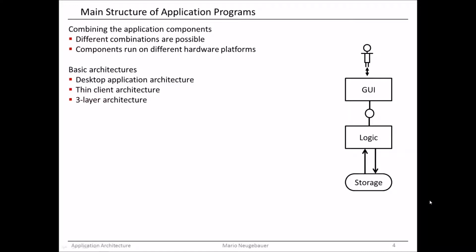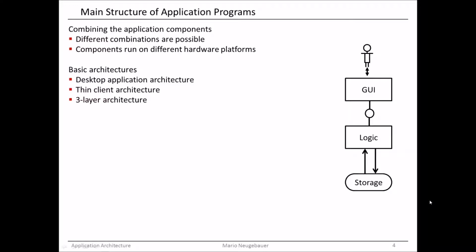So as said before, it is possible to combine these standard components, GUI, logic, storage, and so on, in different scenarios, in different combinations. And these combinations, of course, depend on the application purpose. So if you have a desktop application, for example, you would combine these components differently than if you use it in a web application.